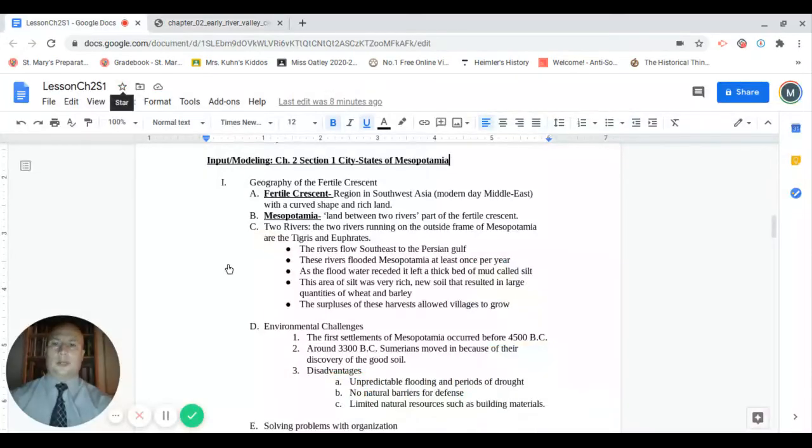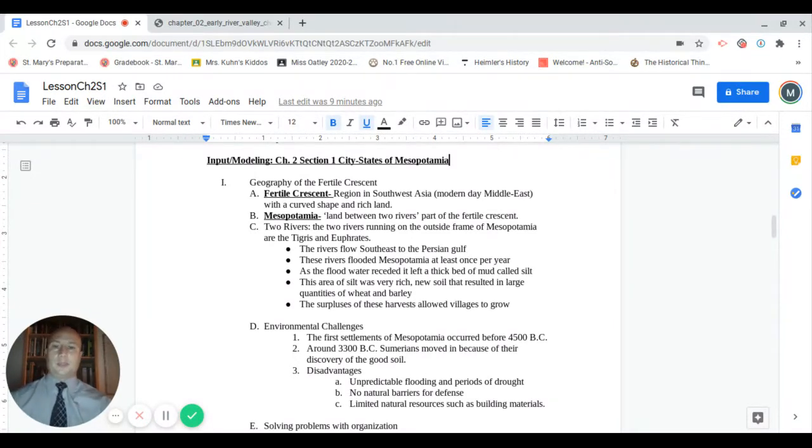Okay, all right, so let's talk about rivers and why they're so important. I'm not going to go through all the bullet points, but here's basically what happens. At least one time per year, the Tigris and Euphrates would flood. Generally, when we think about a flood, we think that could be catastrophic, that could be problematic.